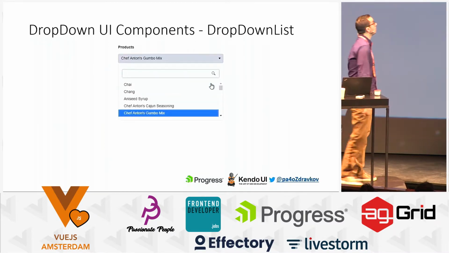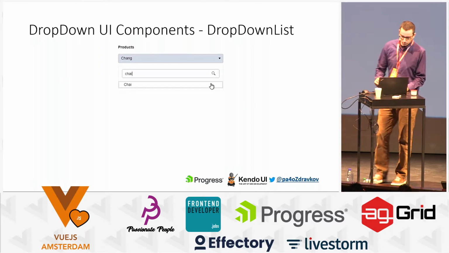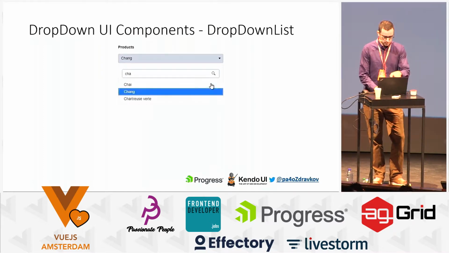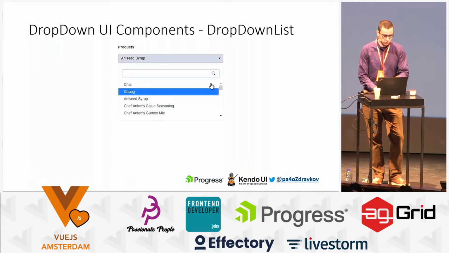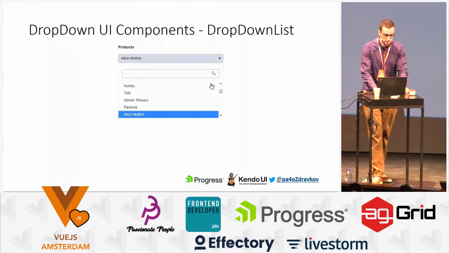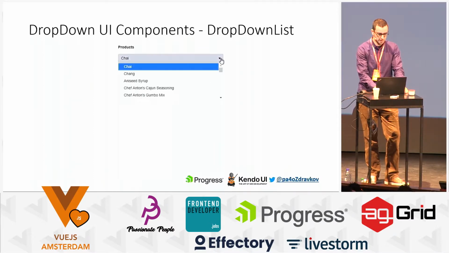In Kendo UI, we have divided the drop-down designs into 4 different designs. The first one is the drop-down list, where you have drop-down items below, and you can filter them in the input that is actually in the drop-down, and you have a selection area where you have the selected text.